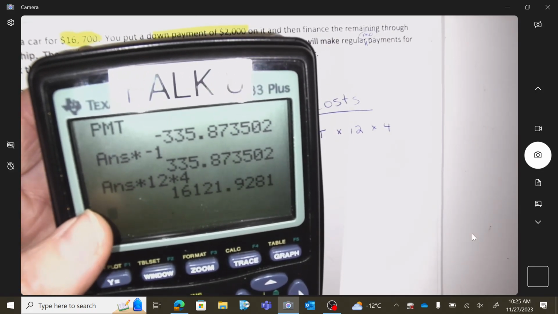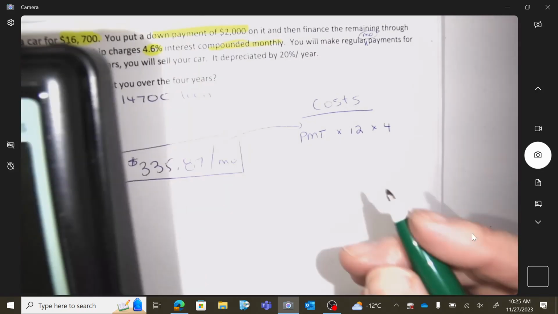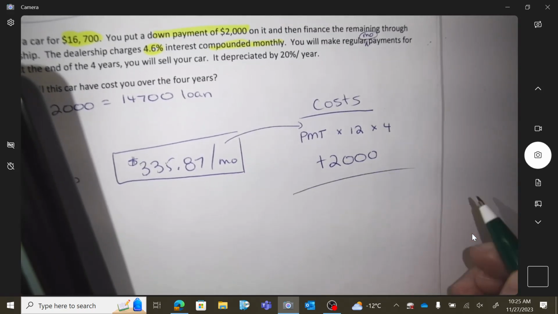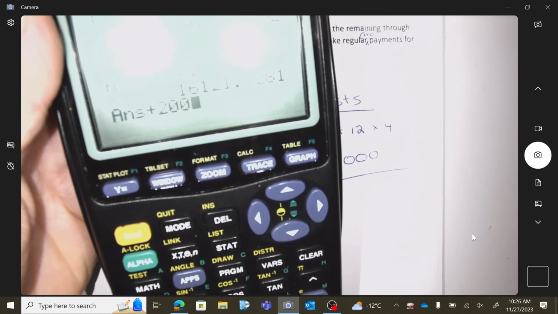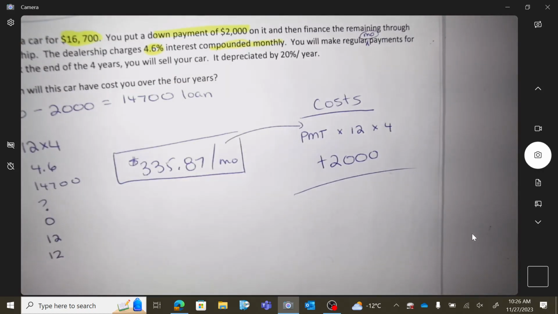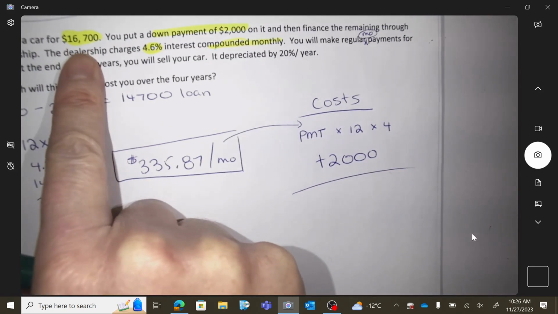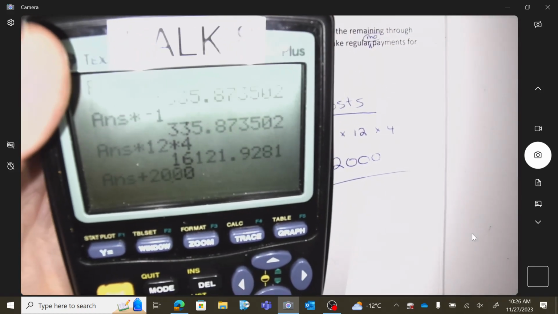But was there other money that left my pocket? Yeah, on day 1, remember that I did that. So that also came out of my pocket. And you should have understood that because this number was less than the car was anyway, right? There's no way that you're going to be paying less than the car price.